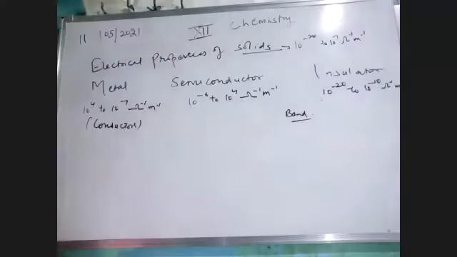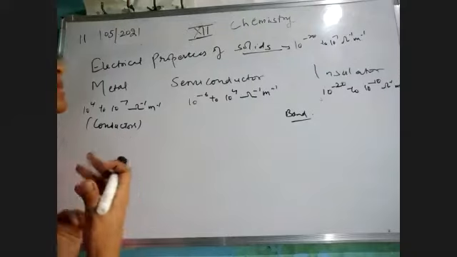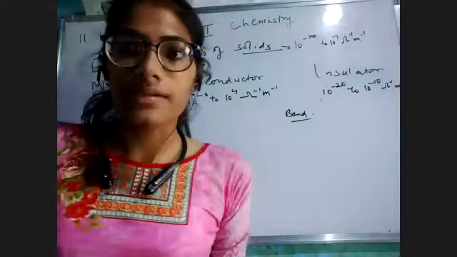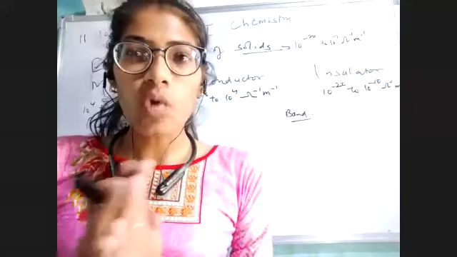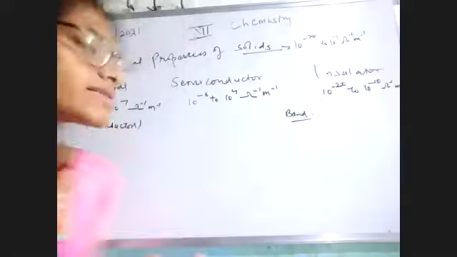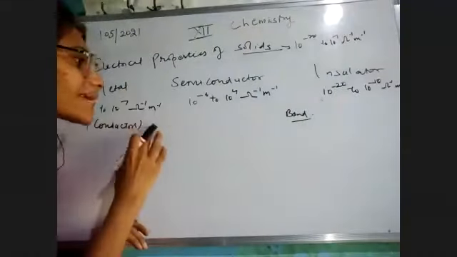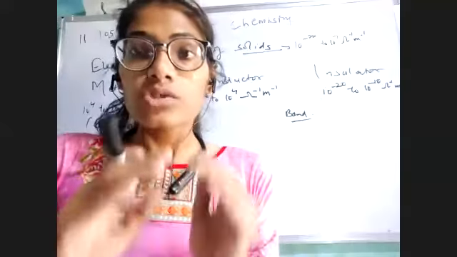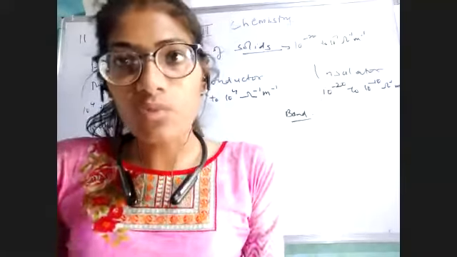Okay, now let's begin with why our conductors conduct electricity. What is the reason behind this? I hope you have studied this topic in your lower classes, that our conductors, especially the metals, exhibit conductivity, they show electrical property due to movement of electrons.